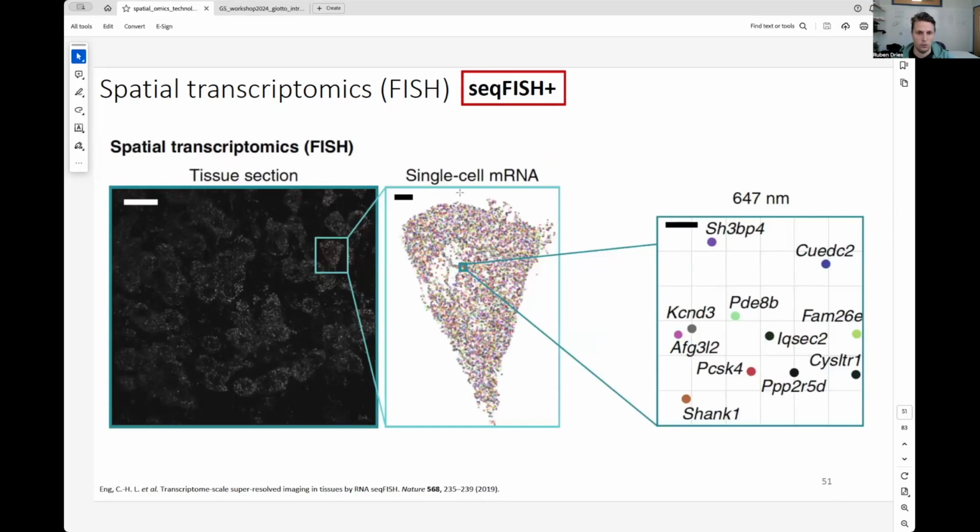So by doing this with seqFISH+, they showed that you can basically almost capture the entire transcriptome. And this is here an individual single cell in the middle where you can identify the transcripts down to the nanometer resolution, which I think is really amazing.